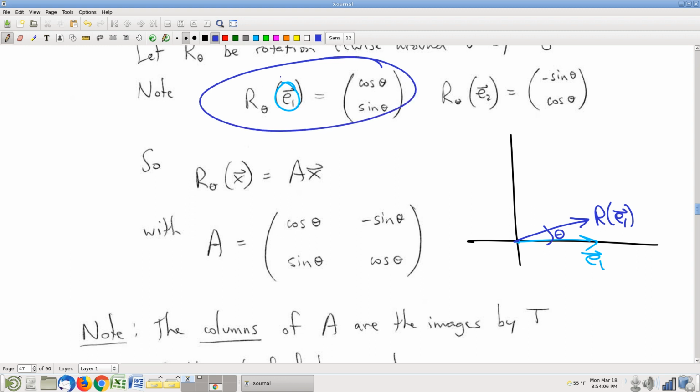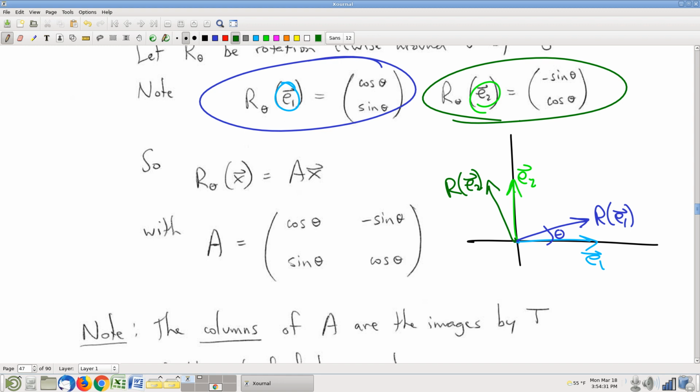And simple trig tells you that the coordinates there are cosine theta, sine theta, right? Easy trig, flashbacks, high school. On the other hand, here's E2. Here's the rotation of E2. Again, easy trig.